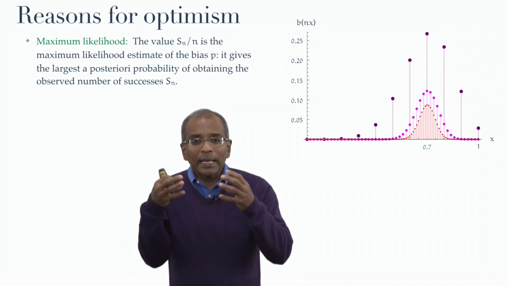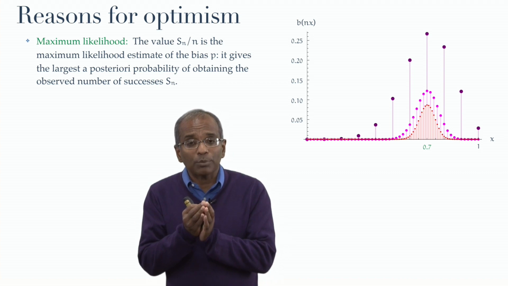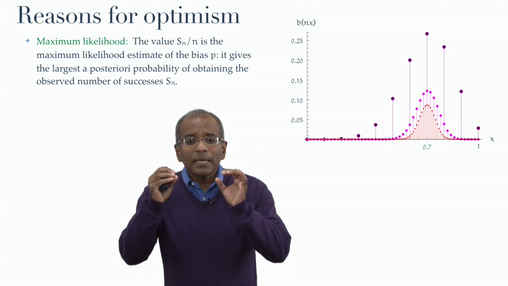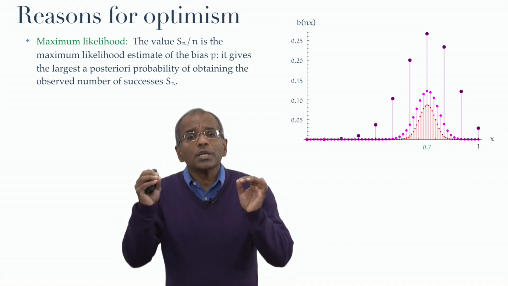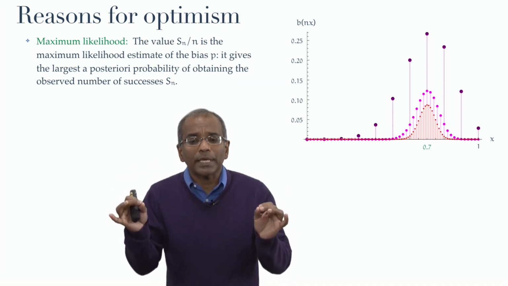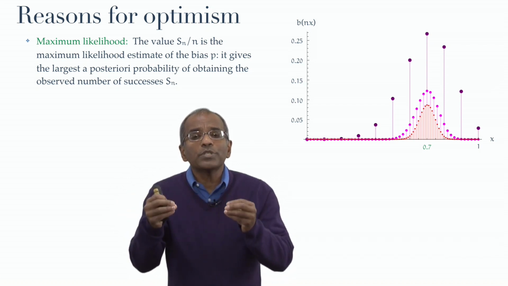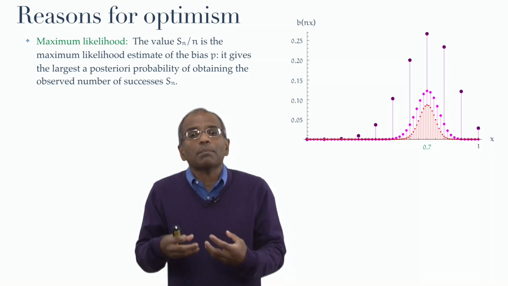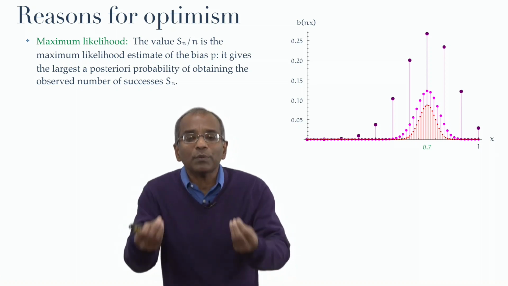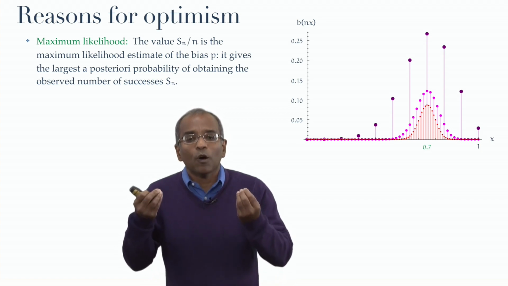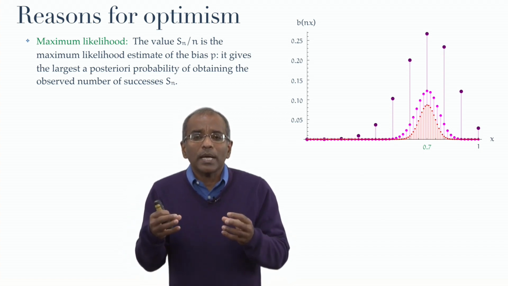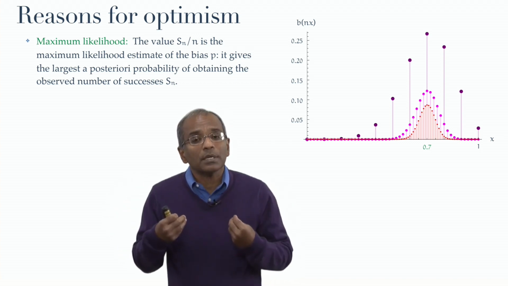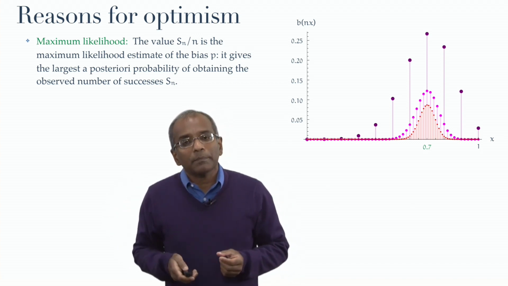And an elementary calculation involving the binomial probabilities showed us that, in fact, the largest a posteriori probability of obtaining the observed number of successes Sn arises when we guess that the bias is exactly the relative frequency of successes in the sample, Sn over n. So, in other words, Sn over n is the maximum likelihood estimate of the bias p.